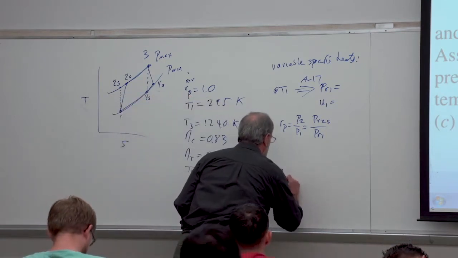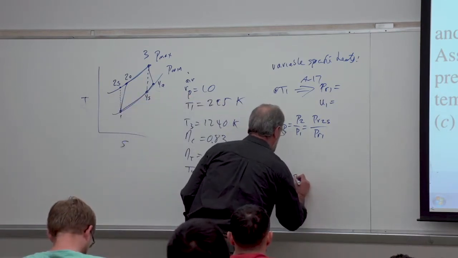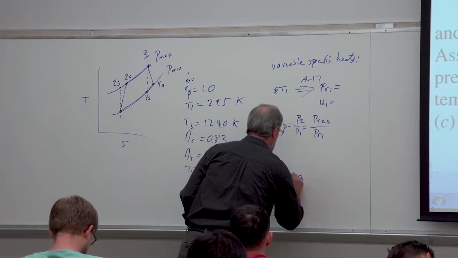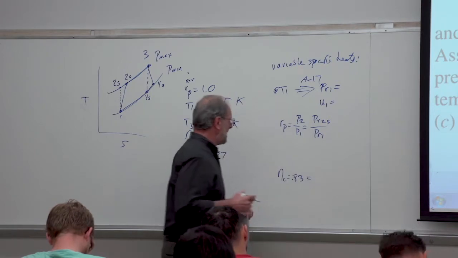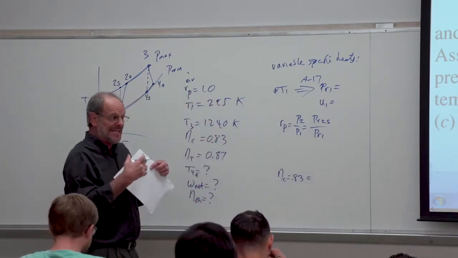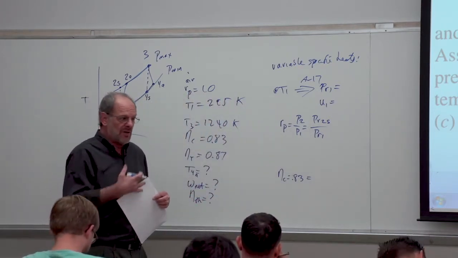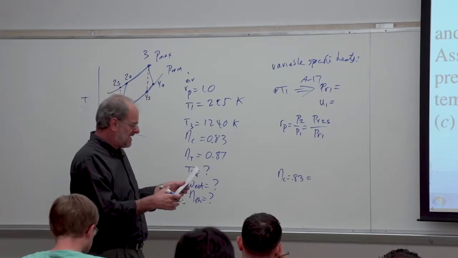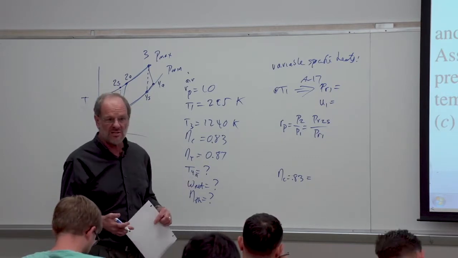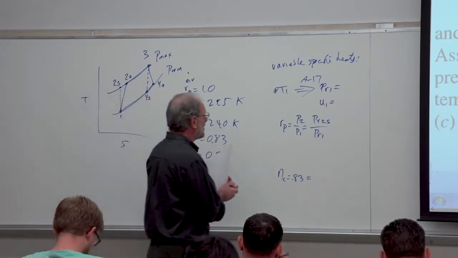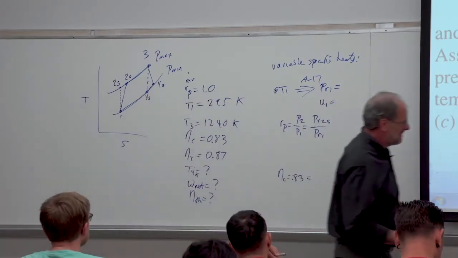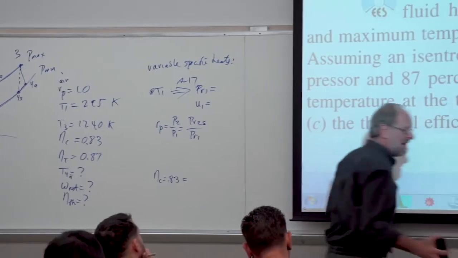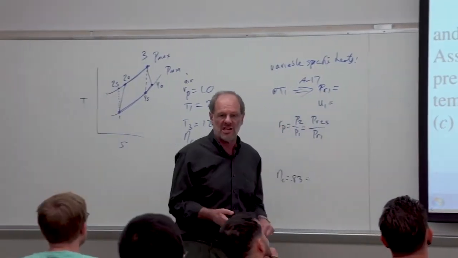And then we know the compressor's isentropic efficiency is 0.83. And we know that this is the ideal over the actual work. And of course, that would mean the ideal over the actual enthalpy change. I'm sorry, I have to make one little correction. I don't know why I put U1 there. If we have a closed system, like an Otto or diesel cycle, then it's internal energy data that we need.